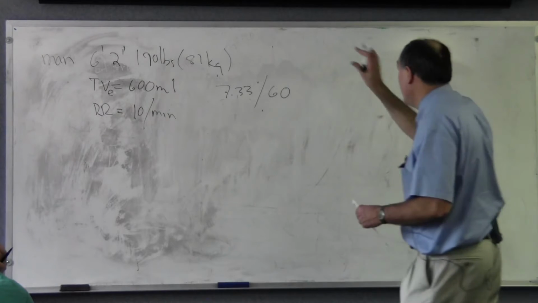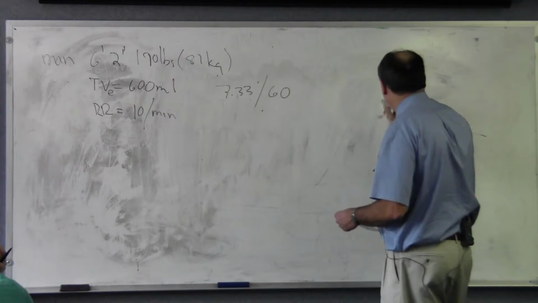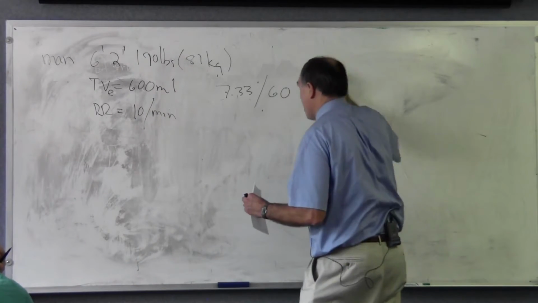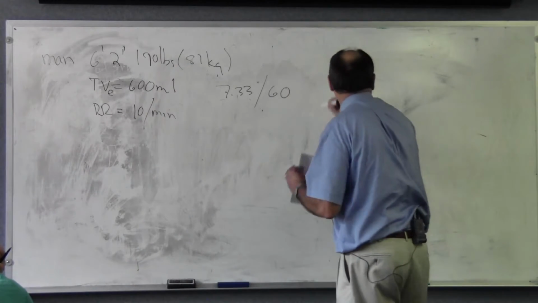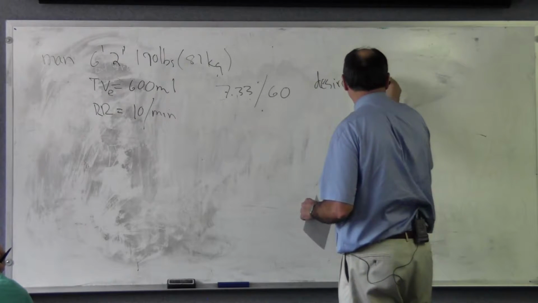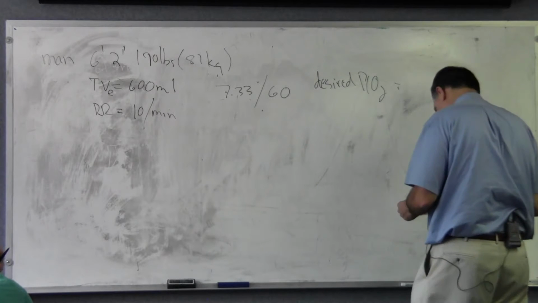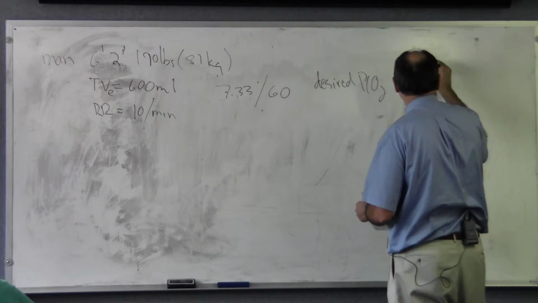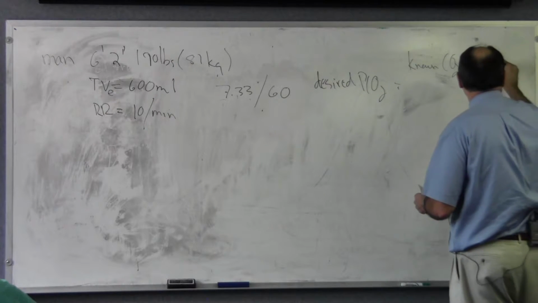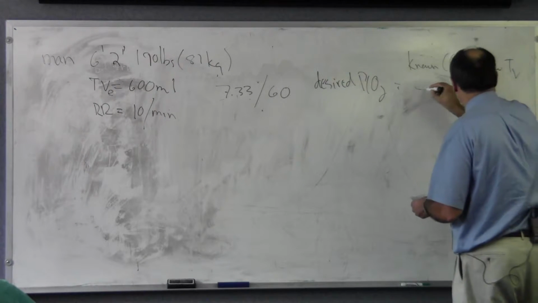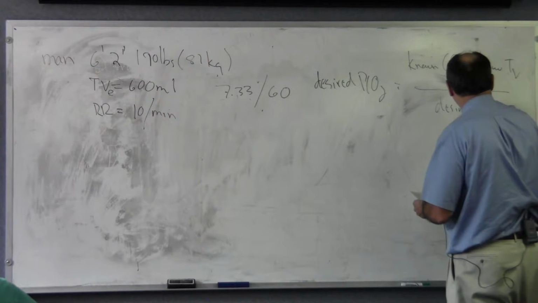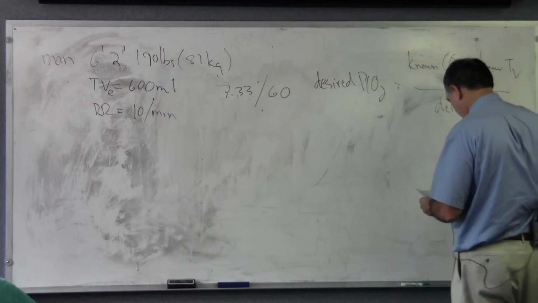So having said that, and keeping that other formula in place, the desired tidal volume is going to be equal to the known CO2 times the known tidal volume over the desired CO2, okay?